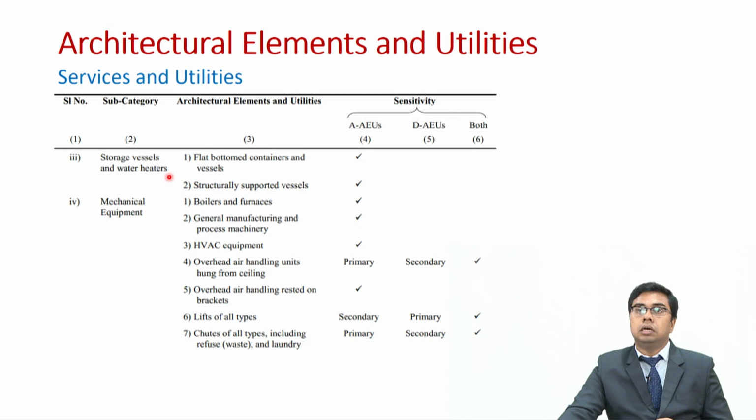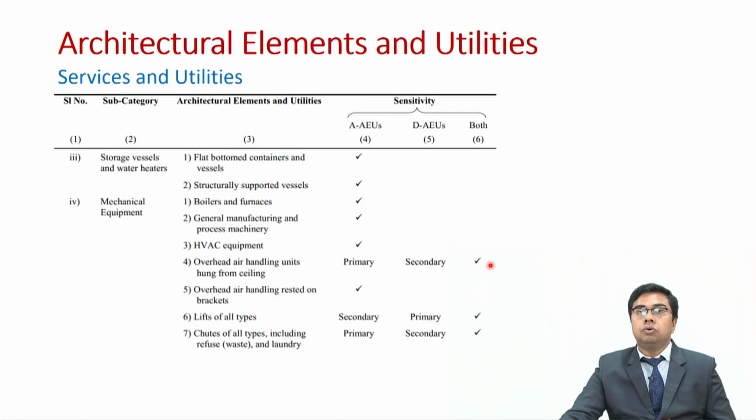Now, since these are massive elements including flat bottomed containers and vessels and structurally supported vessels, these shall be classified as AAEUs. We can have mechanical equipment such as boilers and furnaces, then HVAC equipment, etc. Some are even part of the building content. So, these are mostly classified as AAEUs, but some of them may be classified as DAEUs or combined, that is ADAEUs.